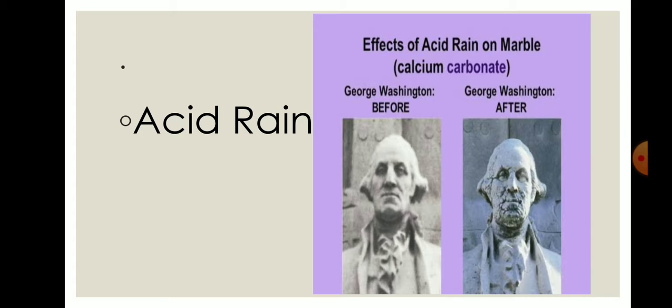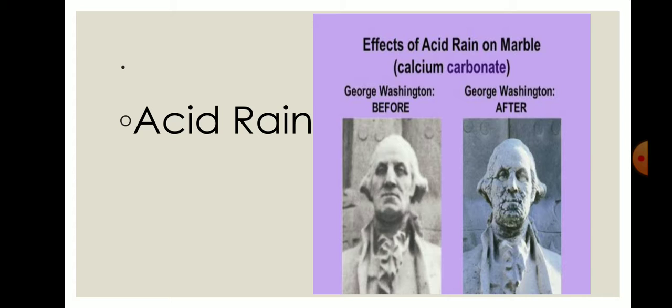Yes, it is very dangerous. It causes so many problems, like skin cancer and skin damage. It causes lots of problems for the human body, for aquatic life and for agricultural products. Everything gets distorted and damaged due to this acidic rain.